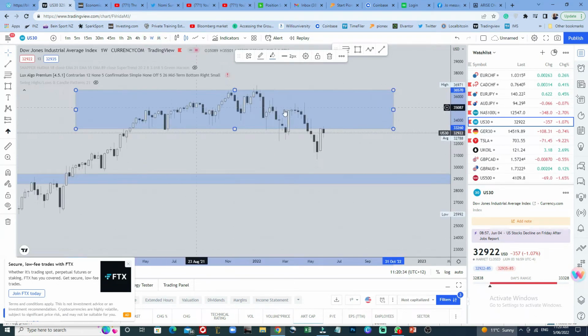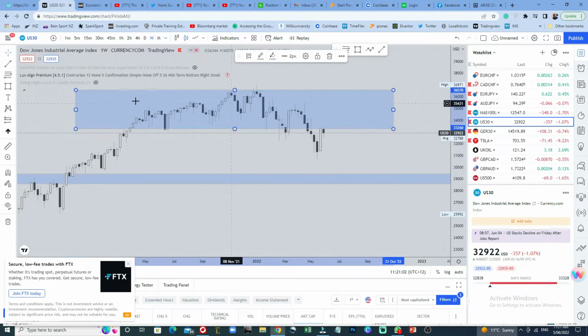See, it's consolidating. Look at it, it has been consolidating since May 2021, until May. So a whole year it has taken to consolidate, and you can see what's happening.